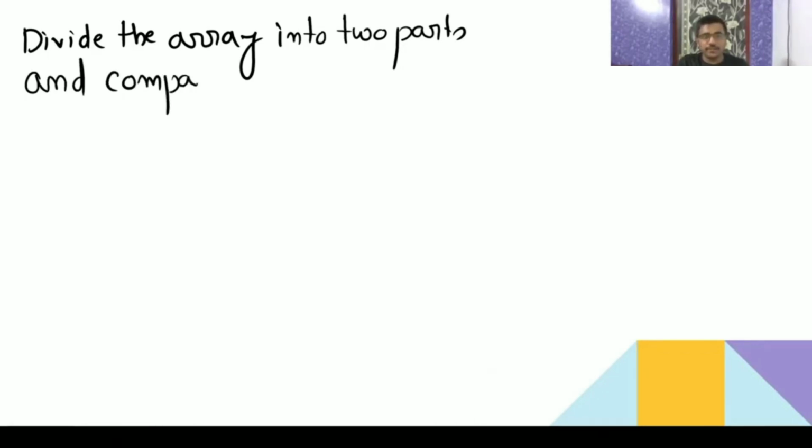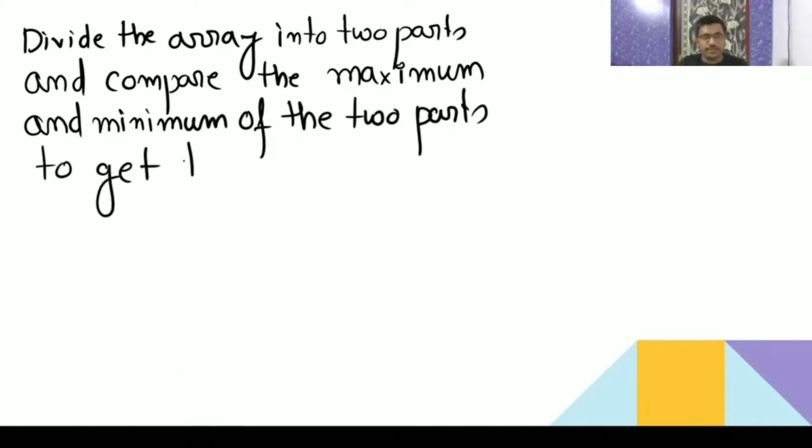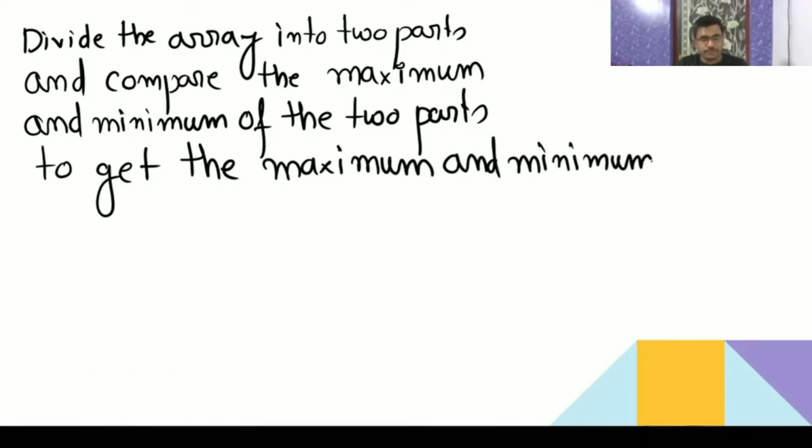Divide the array into two parts and compare the maximum and minimum of the two parts, to get the maximum and minimum of the whole array.